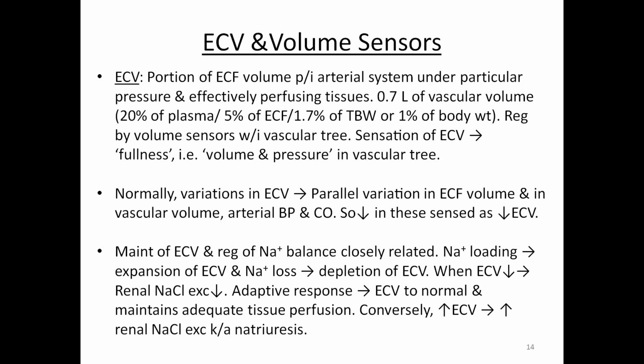This adaptive response will restore your ECV to normal and in this way maintain adequate tissue perfusion. Conversely, if there is an increase in ECV, that will result in enhanced renal sodium chloride excretion, which we also call natriuresis. Again, this is an adaptive response to restore the ECV to its normal point.